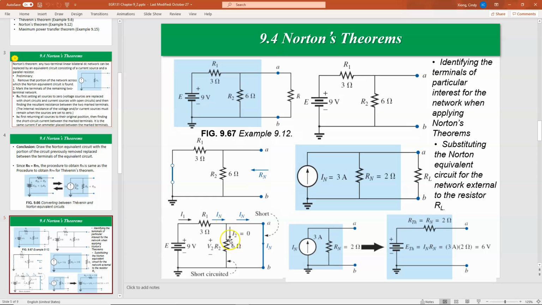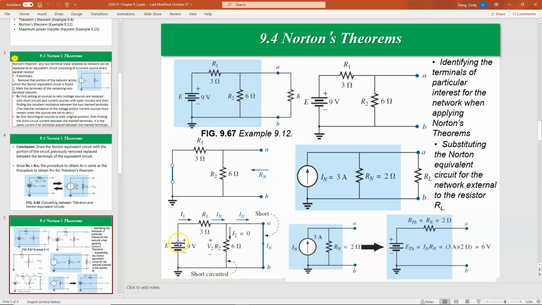If you find one road has traffic, when you drive your car, you will try to find a road that doesn't have any traffic. The current is kind of the same. We will say this R2 is shorted out, so the current will go through this short circuit and then go back to the active terminal.